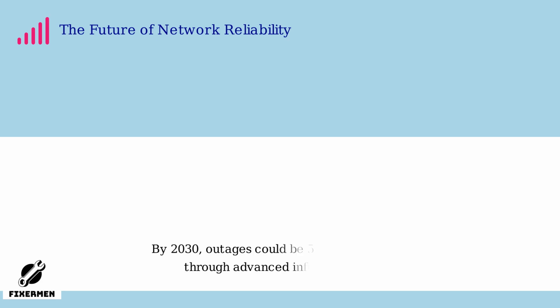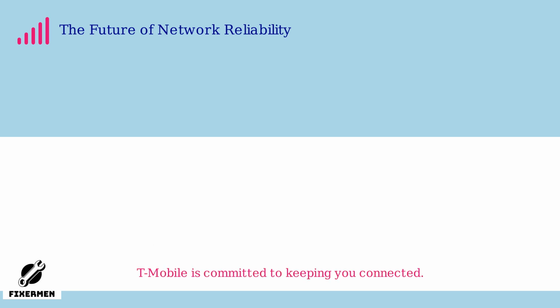With decentralized architectures like edge computing and hybrid cloud integrations, T-Mobile aims for 99.999% uptime, potentially reducing outages by 50% in the coming years. While outages can sometimes be unavoidable due to external factors, T-Mobile remains committed to minimizing disruptions and keeping customers connected with reliable service.